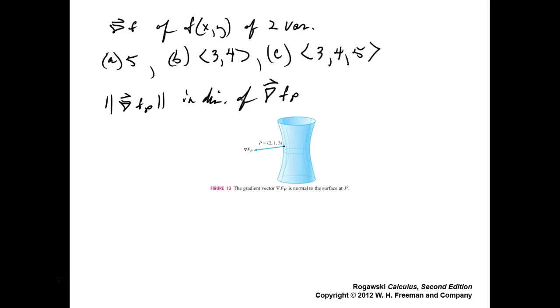The gradient f of p points in the direction of maximum rate of increase. The maximum rate of increase is the magnitude of del f. Okay, what is wrong with the picture there?